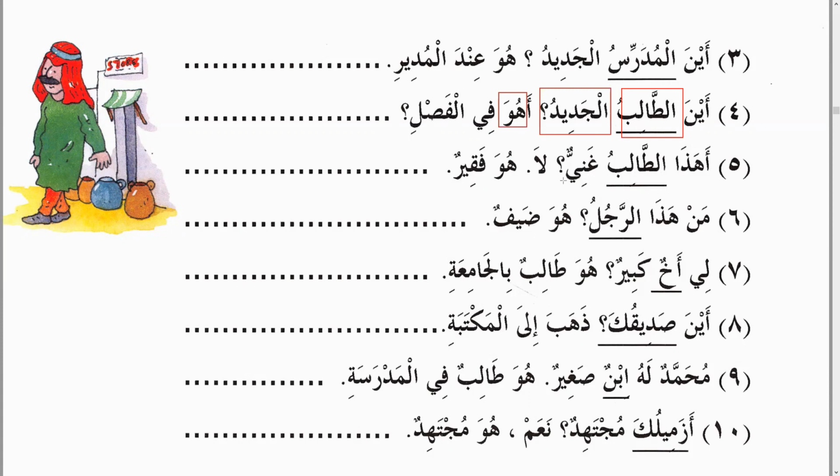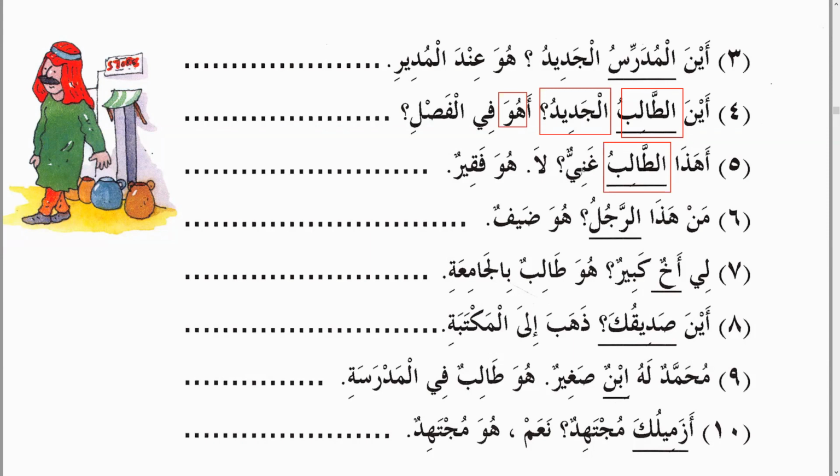Ahadha talibu ghaniyun? Is this student rich? So we'll say Ahadha tullabu. And what's the plural of ghaniyun? Anyone? If anyone remembers, we learned just now. The plural of ghani. Anyone? No? Talib is tullab, that's fine. What is the plural of ghaniyun?